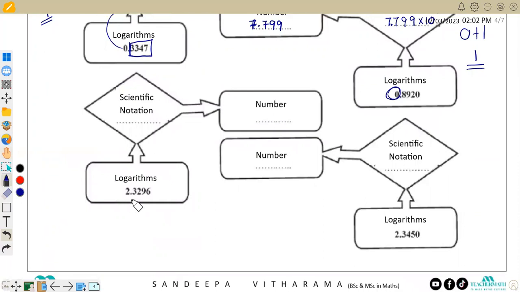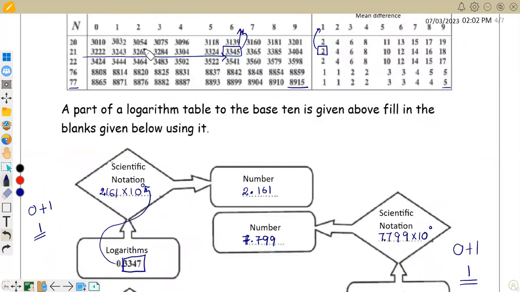Here it is 3296. 3284 is located. Subtract, 12. That means 12 is not enough. Then take 12 from here. It is in the third column of here, 6, 3, 6, 21, 3, 6.